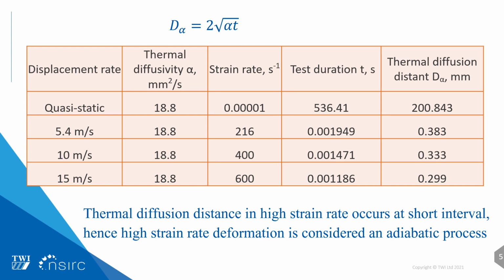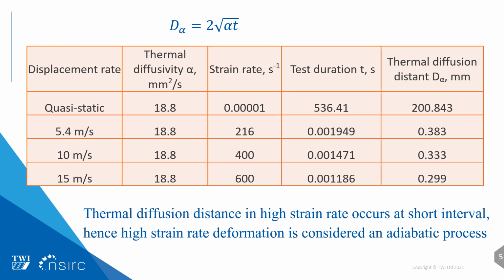We utilize the approach of thermal diffusion to measure the ultimate tensile strength, since there is some difficulty in obtaining the ultimate tensile stress in this material. This thermal diffusion distance was calculated using the thermal diffusivity of this material. The material we are using is X65 grade steel of 0.1% carbon content.